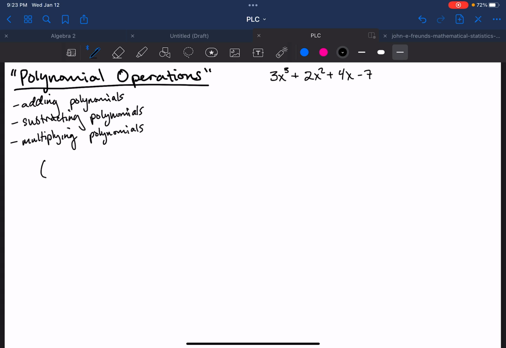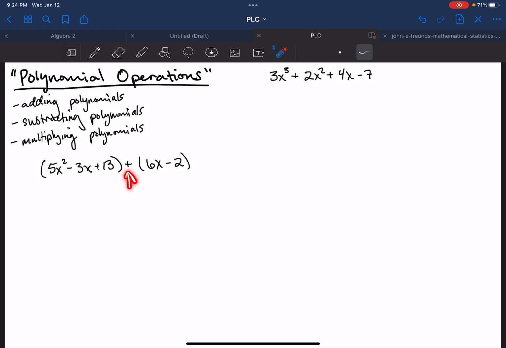Let's say that you have 5x squared minus 3x plus 13, plus 6x minus 2. So let's say you have something like this, where all that matters is that you have one polynomial adding to another polynomial.